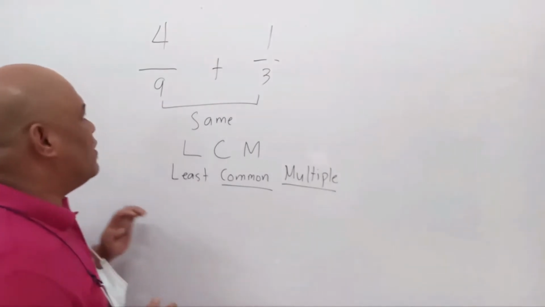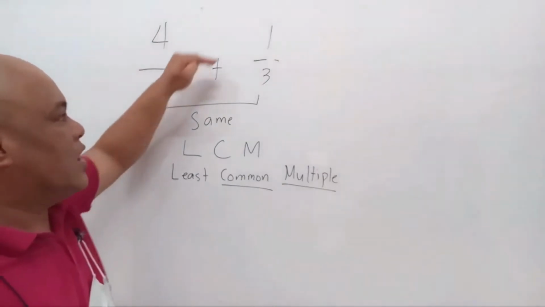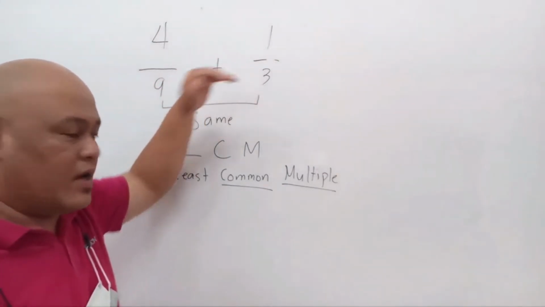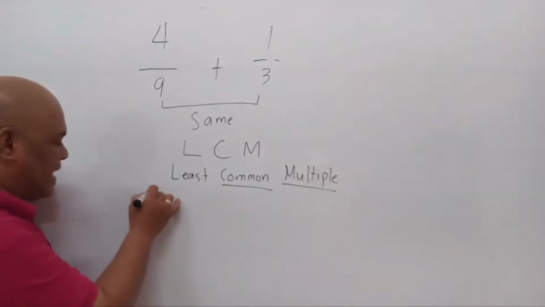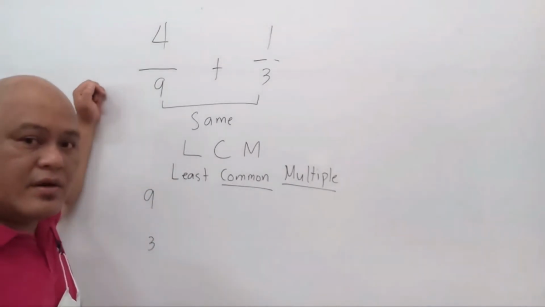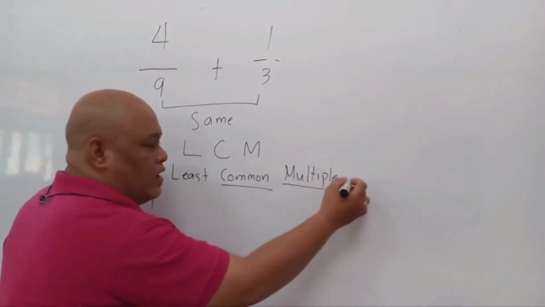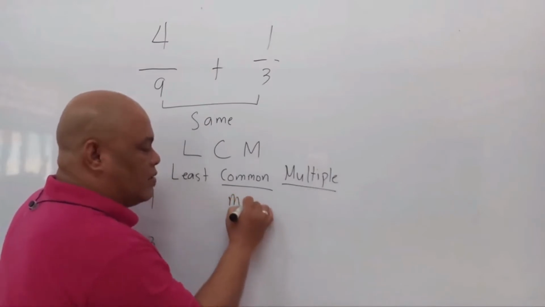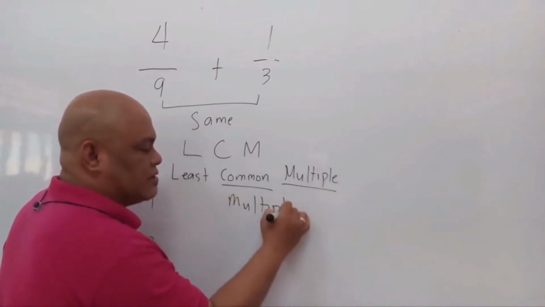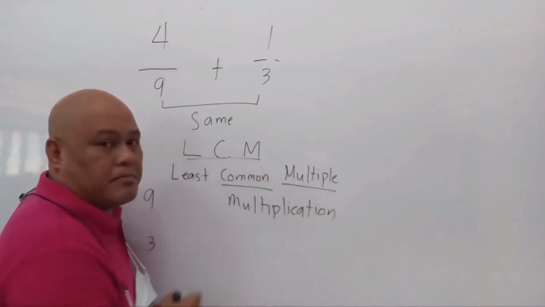For example, we have here 4 over 9 plus 1 over 3. We will use 9 and 3 as the denominators. And now we will use multiplication to get the LCM.